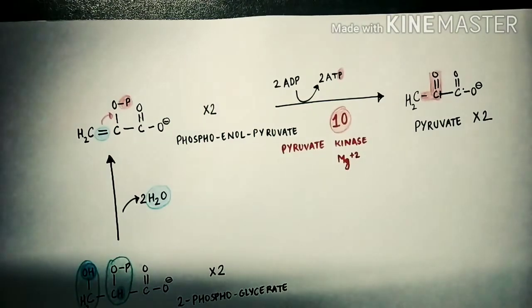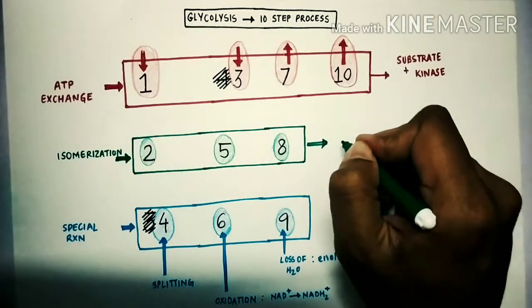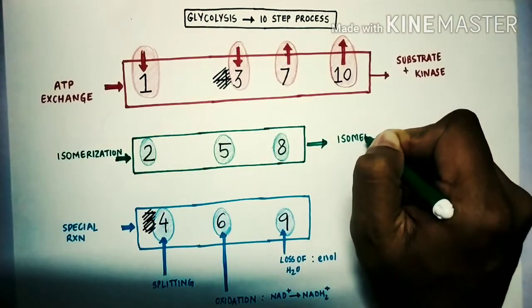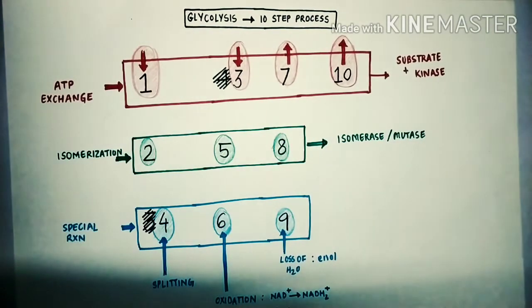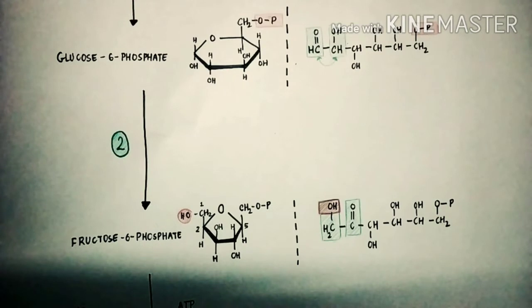Now, for type 2 reactions, that is isomerization reactions, we use substrate plus suffix as isomerase and mutase. For reaction 2, substrate is glucose 6-phosphate. Again, like in step 1, we used hexose because the enzyme is common to many 6 carbon sugars.